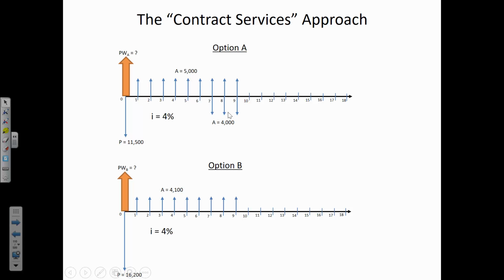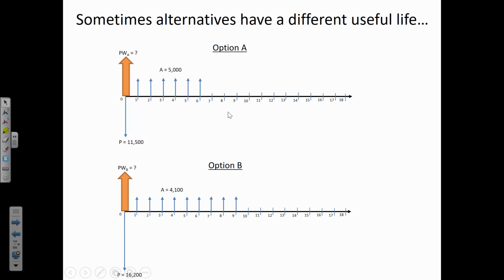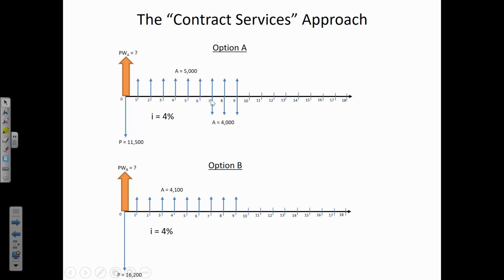And probably, on a per day basis, it's more expensive to rent the item than if you owned it yourself. But that's what's happening here in option A: option A wore out after 6 years, and so what this person did was they went and rented the item for year 7, 8, and 9.